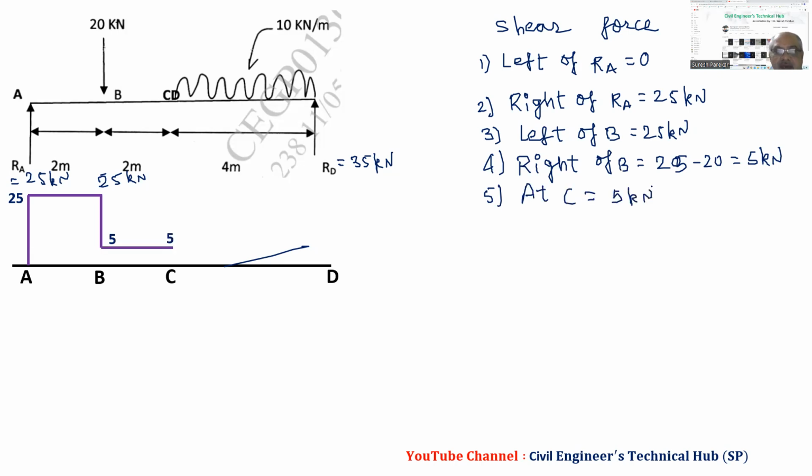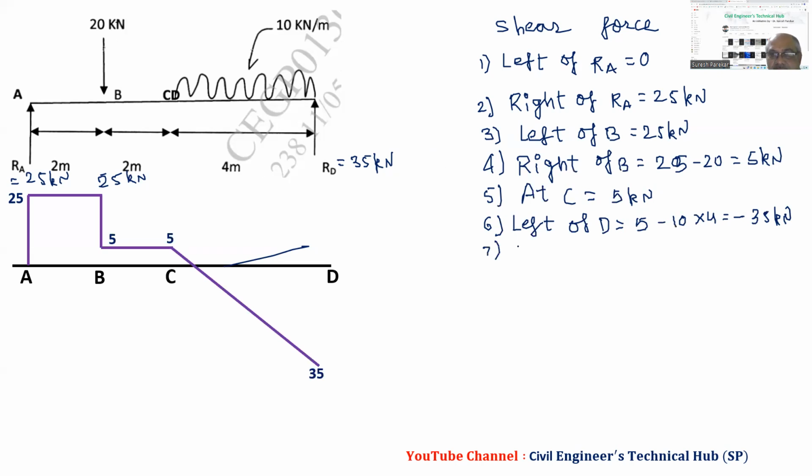Then left of D, we have 5 minus 10 into 4, and that is minus 35 kilonewton. And then right of D is equal to 0.